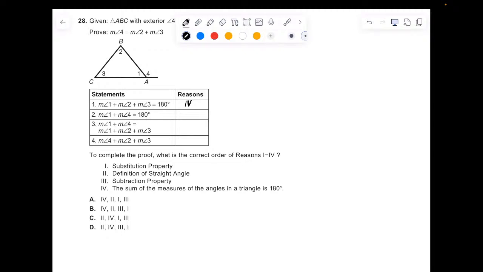And then we have definition of a straight angle, so it's 2. Sure, I think that's substitution. So 4, 2, then 1. Do we have any of those? That's 1, 4, no, 4, 4. Okay.